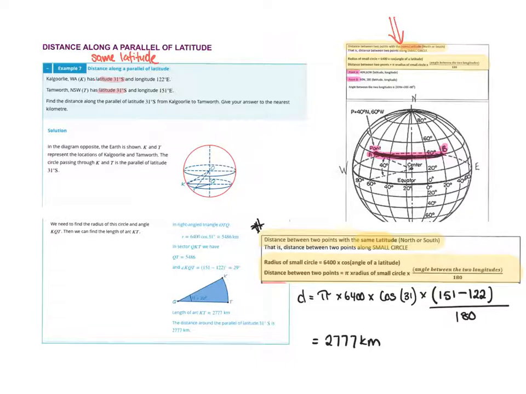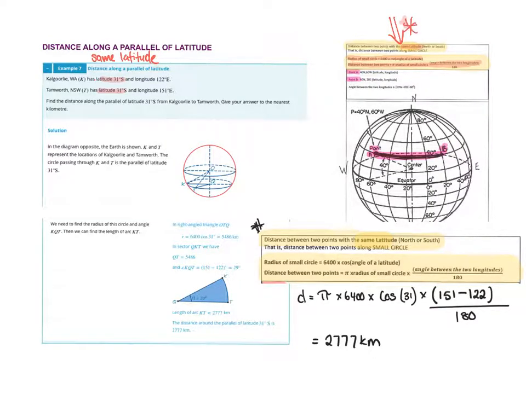Now, the formula says you have to find the radius of the small circle first, because then when you're finding the distance, it has that radius in there. So first of all, we're going to look at this one. All right, we know it's the same latitude, and then they're saying find the distance between these two things. So I've gone to this formula over here.